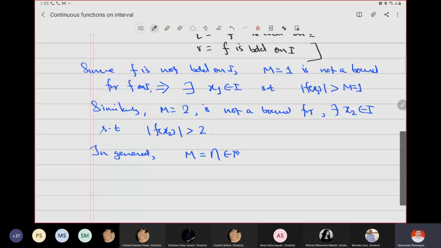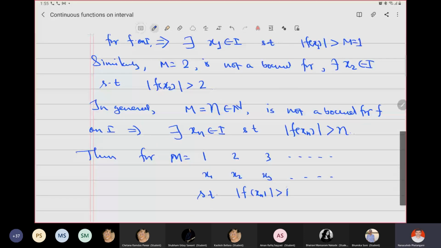So for M equal to 1, I have produced x1. For 2, I produce x2. For 3, I produce x3, and so on, such that the absolute value of f(xn) is greater than n for all n. So f(x1) is greater than 1, f(x2) greater than 2, f(x3) greater than 3.